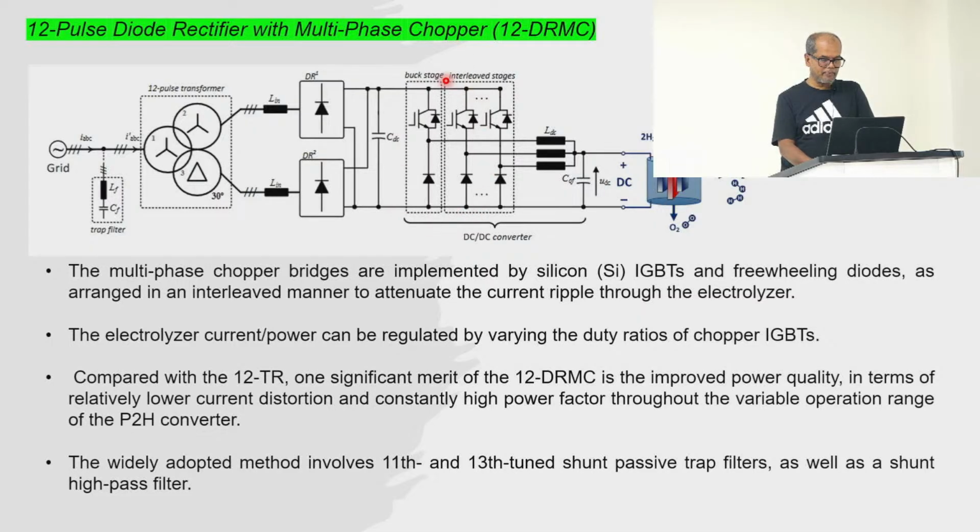When you have this DC to DC converter, the main advantage is that you can have high quality power output compared to the previous one, because it has very good control capability that we already mentioned previously.